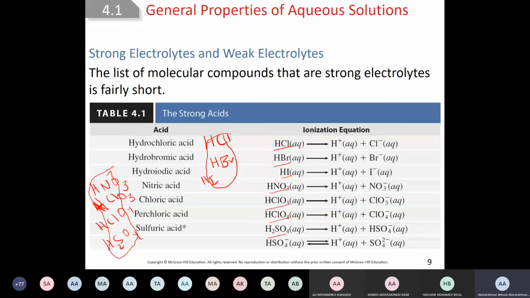These are the strong acids, and they decompose completely in water to give H plus and Cl minus, and that's why they give strong electrolytes. All of these are strong electrolytes. What's the meaning of electrolyte?